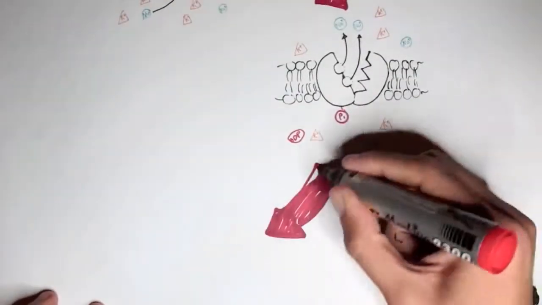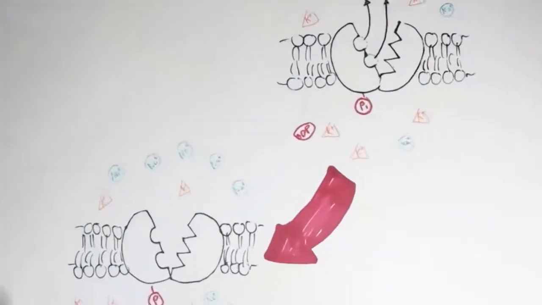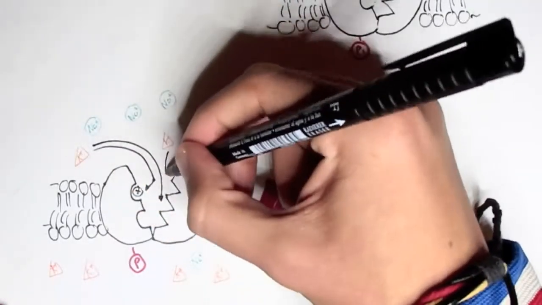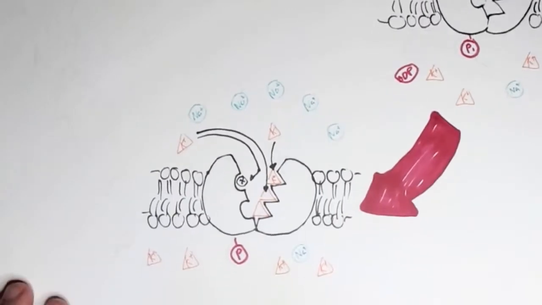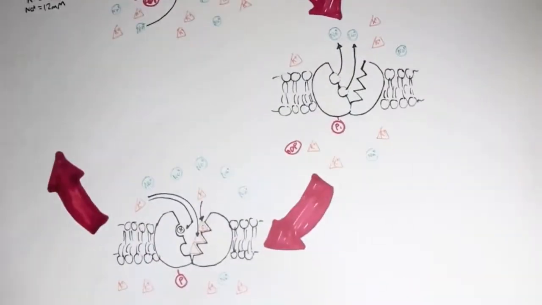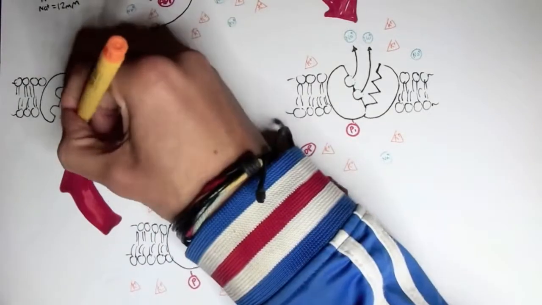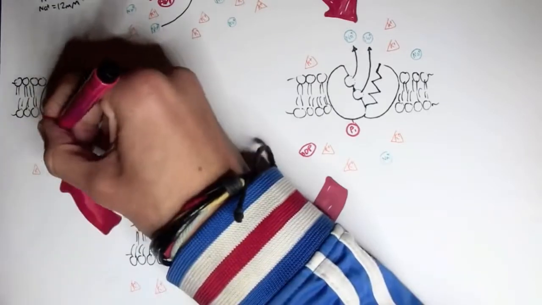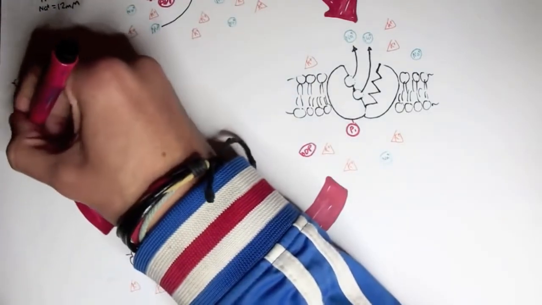Once this has occurred, potassium from the extracellular fluid can bind into their active sites. Not here, but it will fit here. So 3 potassiums can bind into this protein transporter. Then the phosphate is released from the protein transporter, causing it to flip back over into its initial position, releasing the potassium inside the cell.